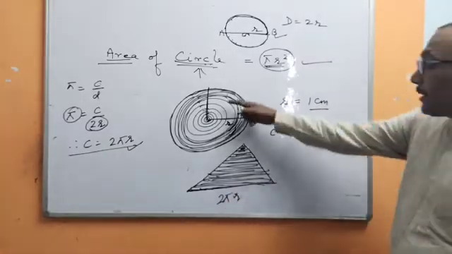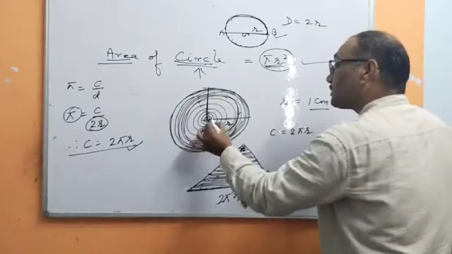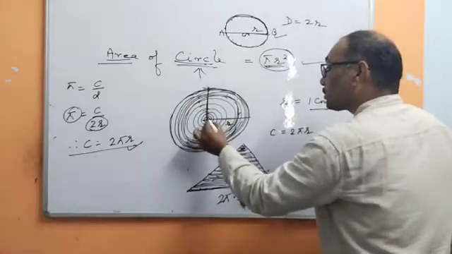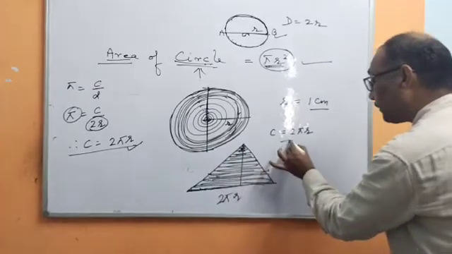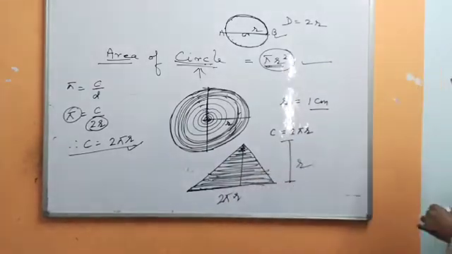And see, you have made a cut from this to this, it means radius. So the height of the triangle will be the radius of the circle, see, r.